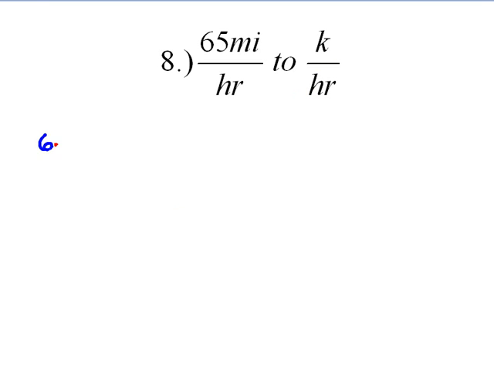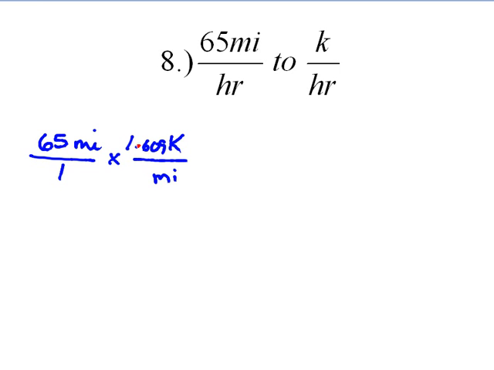So we'll start out with 65 miles. Now we want miles on the bottom, kilometers on the top, and if you look in your conversion tables, you'll see that 1.609 kilometers equals a mile.